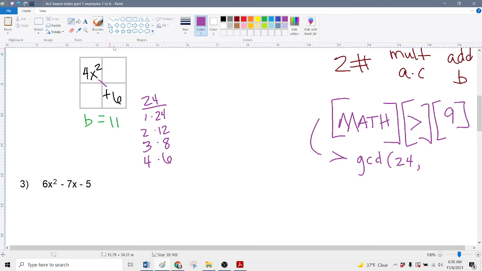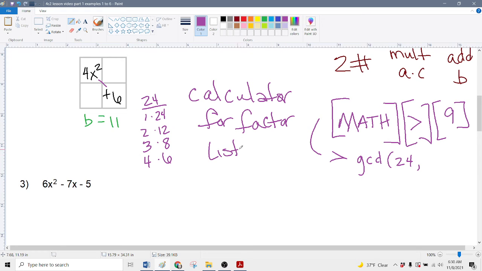But if we want to only get a factor list like this, to use the calculator for that factor list for just one number, the command we're going to use is y equals.